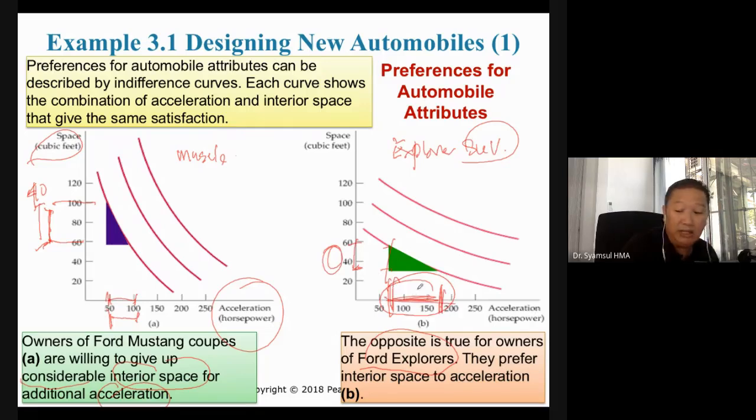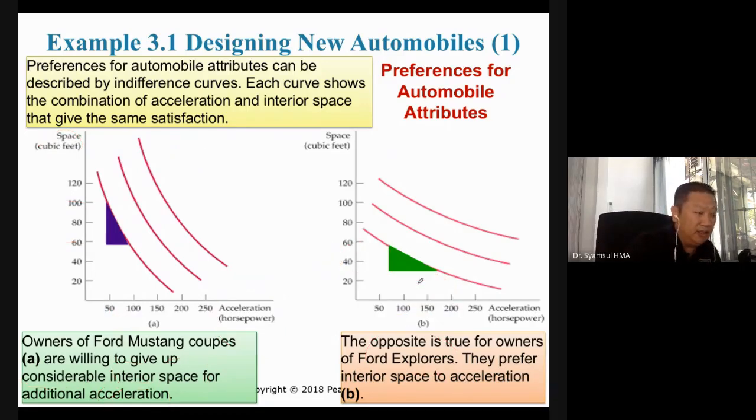We don't really mind if we don't have much power. So the opposite is true for owners of the Explorer. They prefer interior space to acceleration.